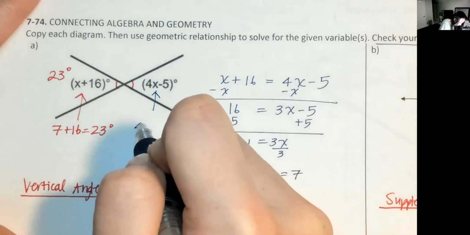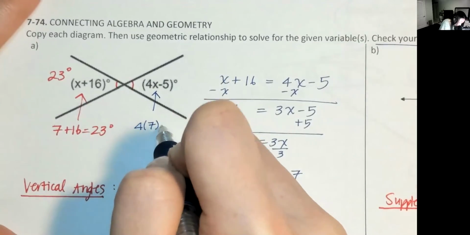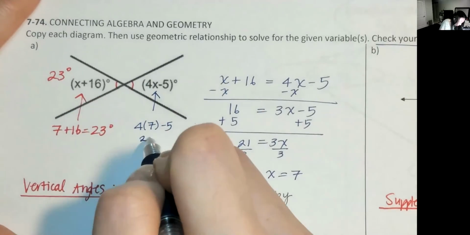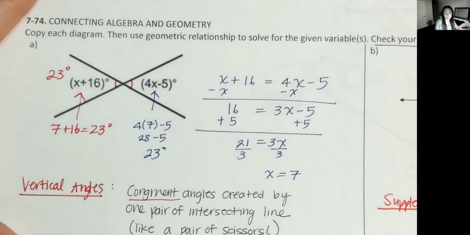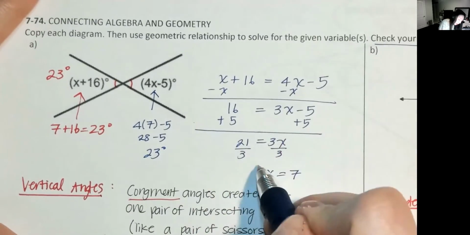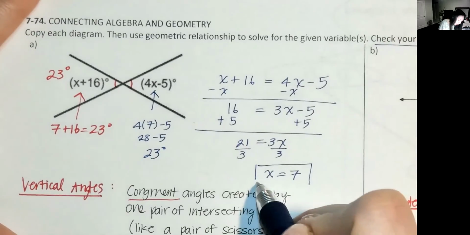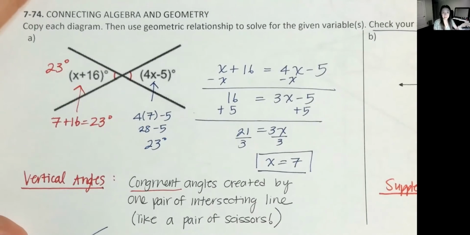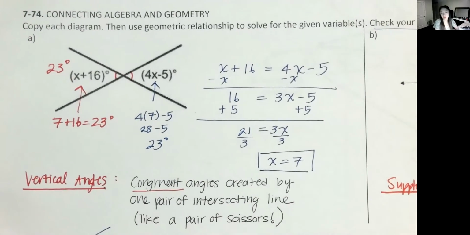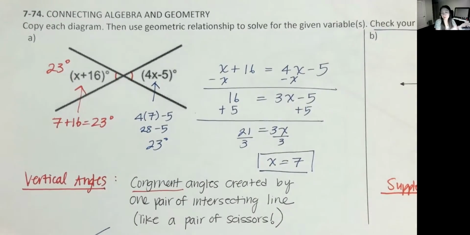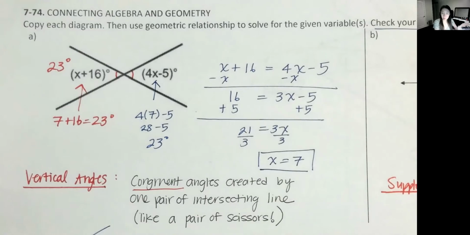So that's going to be 4 times 7 minus 5. And that's 28 minus 5. So yes, this is also 23 degrees. Therefore, my answer is correct. Okay. If there's anything that you weren't sure of, or you want to go back to watch it again, then feel free to do so. You can always go back to parts of the video and watch it again to help you understand better.